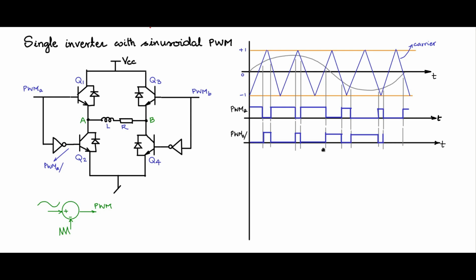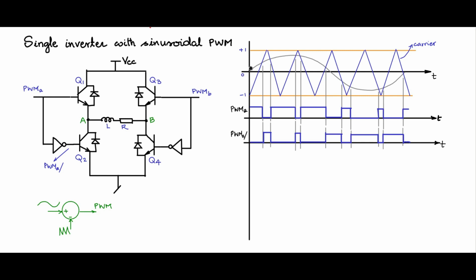So this is PWM A bar. So we have the switching pattern for arm 1, the A arm, Q1 and Q2, given in these two fashions. Likewise, we should generate Q3 and Q4 also.